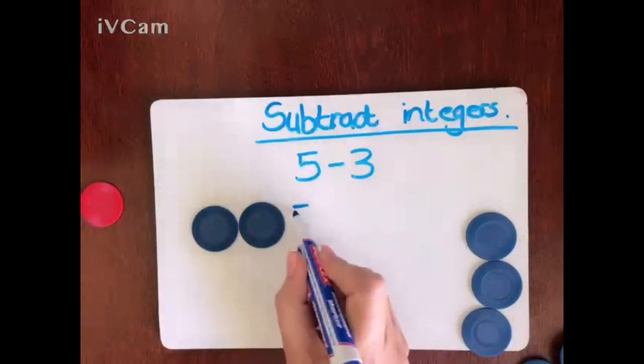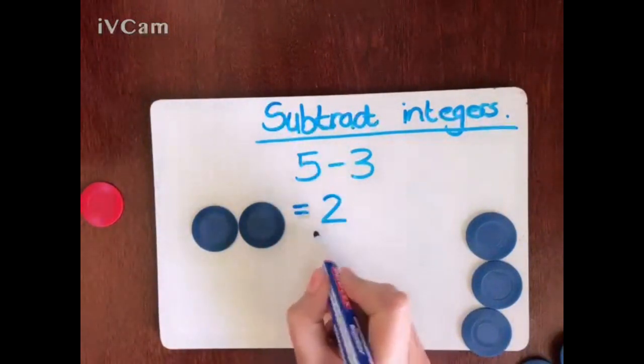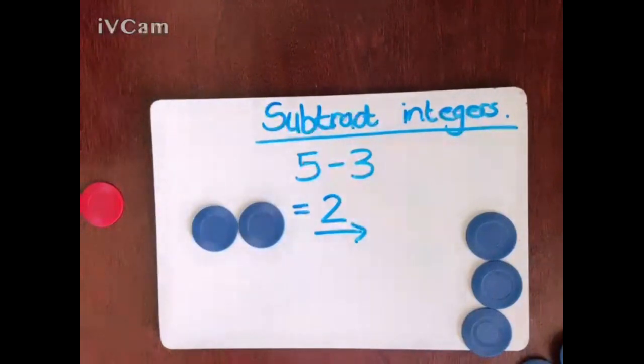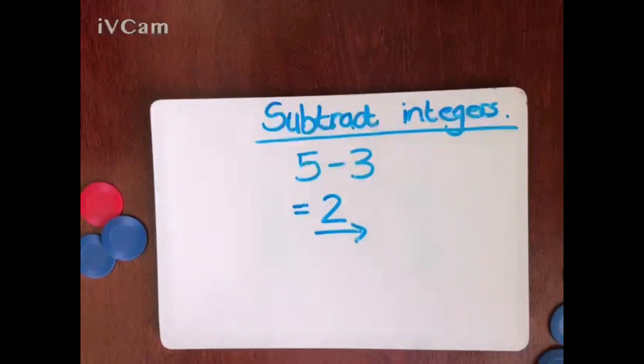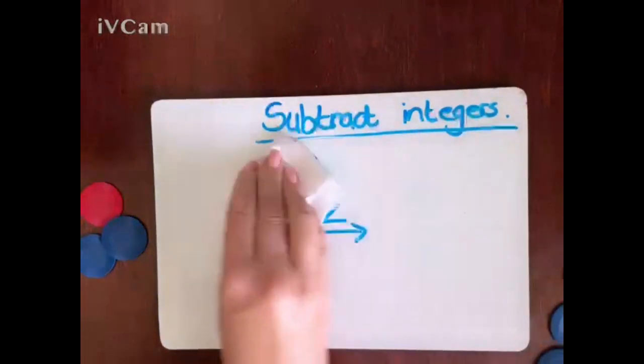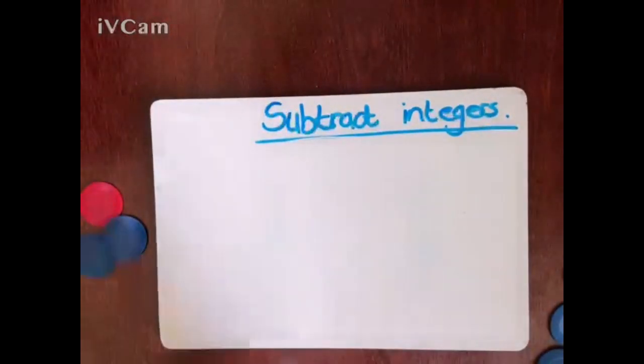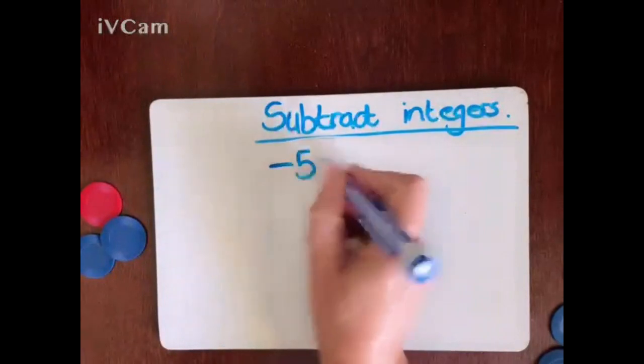So what am I left with? I'm left with 2 blue Smarties. So that's the normal way of calculating a subtraction calculation. Right. So what happens now if I'm going to subtract 2 negative integers?